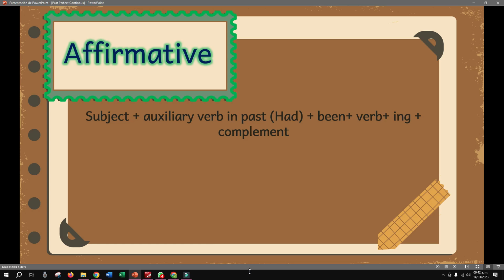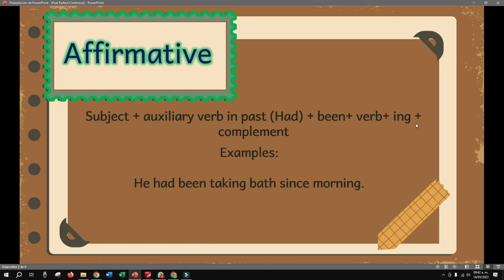So we have also the affirmative structure. First of all, we're going to have the subject, then the auxiliary verb in past. This will be the first auxiliary, and in past, that will be had, not have, had. Then we can say the second auxiliary, that will be been, that is be in past participle. Then the main verb plus ing, and also the complement of that sentence.